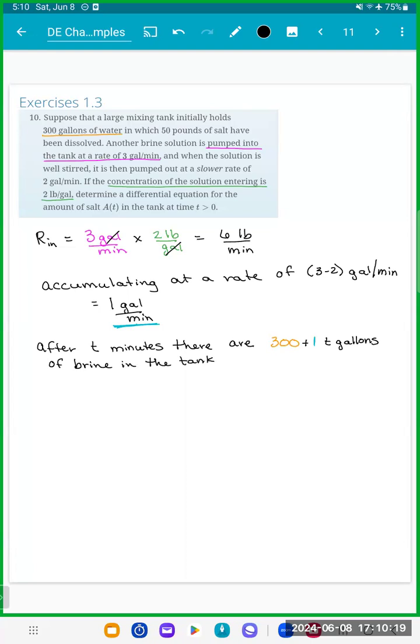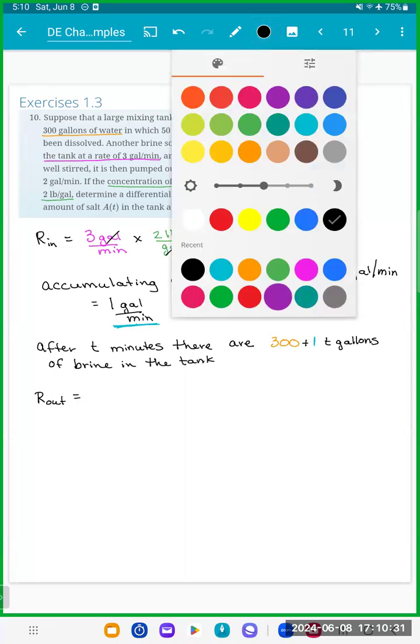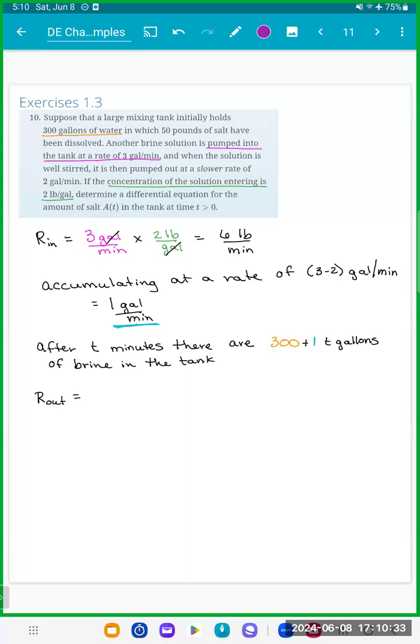Okay. And so the rate at which the salt is leaving, that's going to be our R out, right? And remember, our R out is going to be the concentration of salt in the outflow.